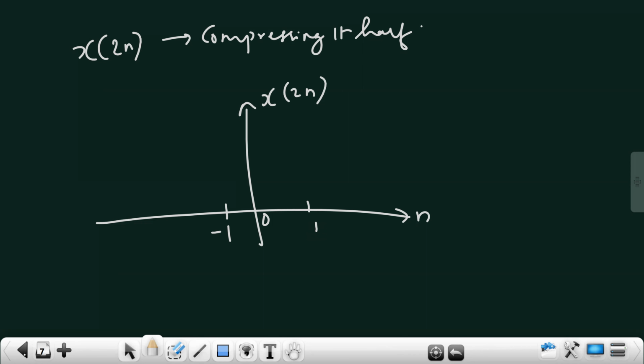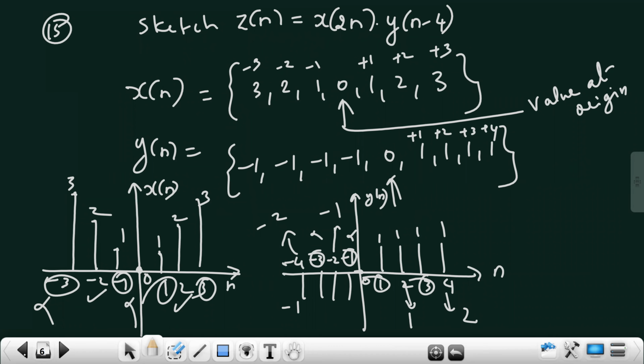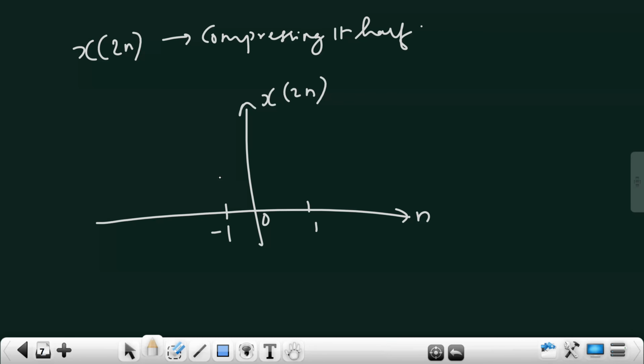At -1 it should be 2, and at +1 also it should be 2, because these two amplitudes are going to appear at -1 and +1 respectively. This is 1, this is also 1, but at the same time this will be 0. This is figure number 1.